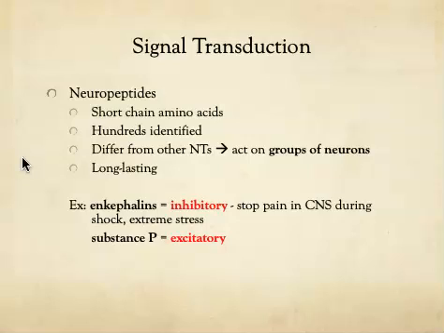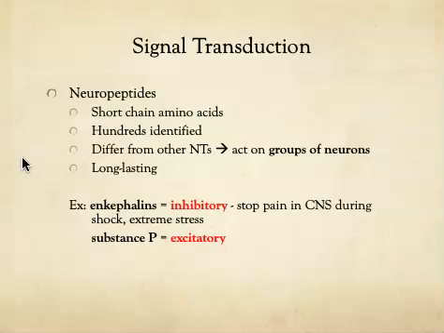These are a different type of neurotransmitter compared to the other ones we've discussed so far, because rather than being released and acting on one postsynaptic cell, the neuropeptides tend to be released in areas where groups of postsynaptic cells are involved in a synapse.